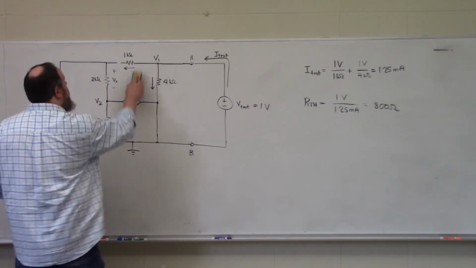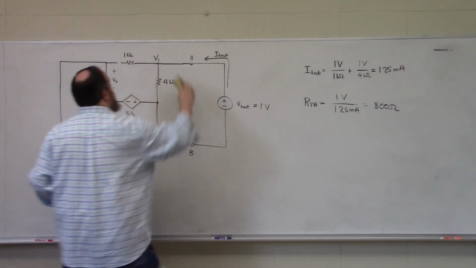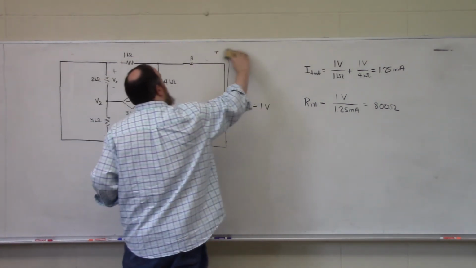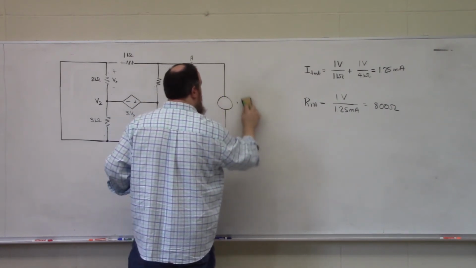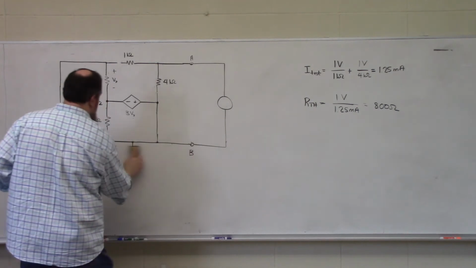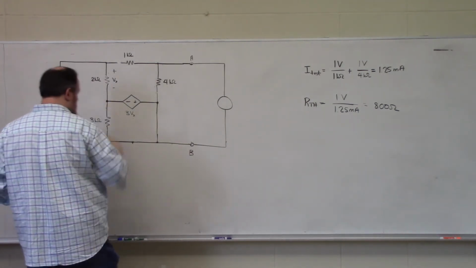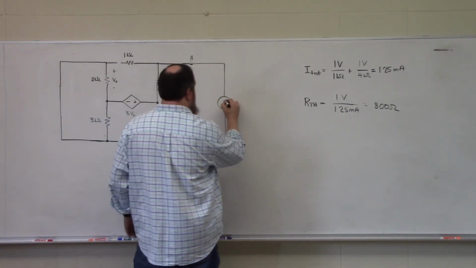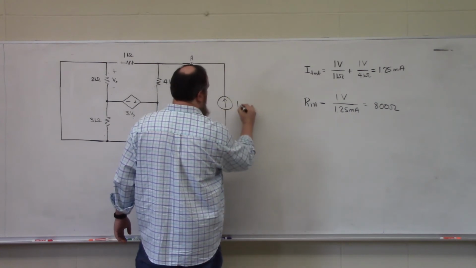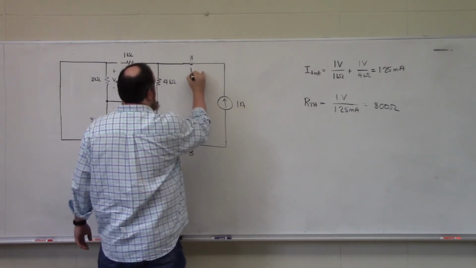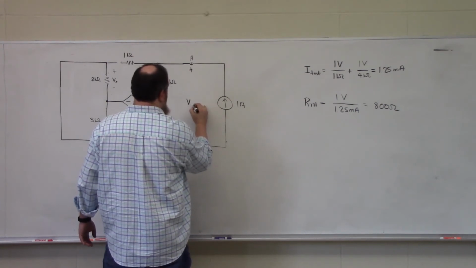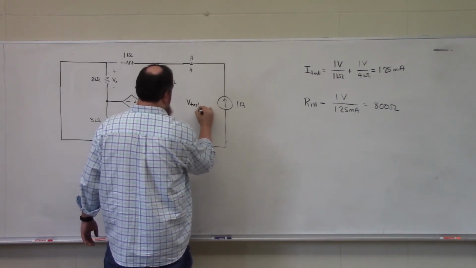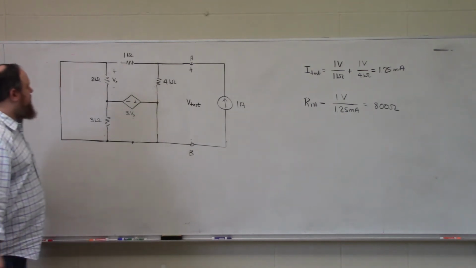Let's verify that it works if we use a current source. Let's choose a current source, direction up, 1 amp. We're going to be measuring this voltage drop, V test.